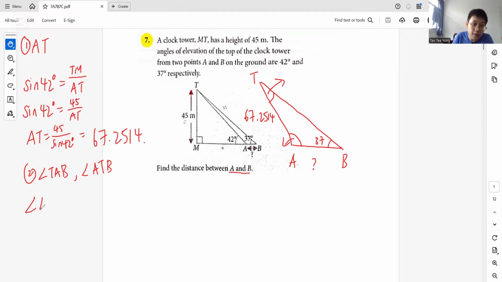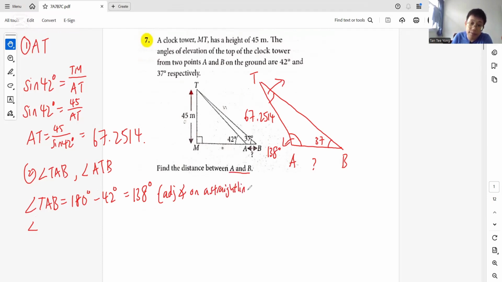For angle TAB, it equals 180 degrees minus 42 degrees, because TAM is 42 degrees. So 180 minus 42 is 138 degrees. We should write adjacent angles on a straight line.